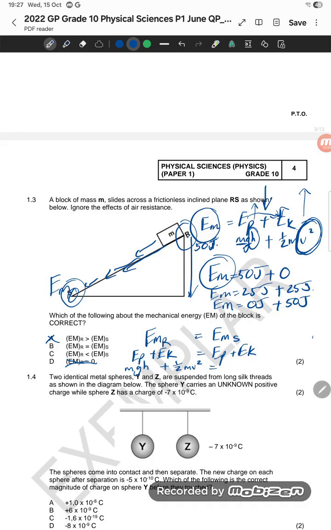Okay, is equal to, and this is of R. And this is mgh, where mass is in kilograms. Gravitational acceleration is a constant of 9.8 meters per second squared. And h is just height in meters.